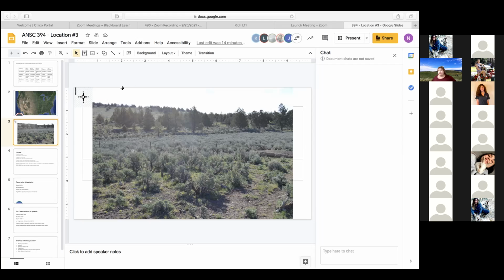Yeah. Pinyon juniper is a mix of pinyon pine trees and juniper trees. Okay. So in this ecosystem, it's mostly straight juniper. Got it. Okay, that's where I was confused. No problem. Great question. I love that you guys are thinking and pulling this stuff together.